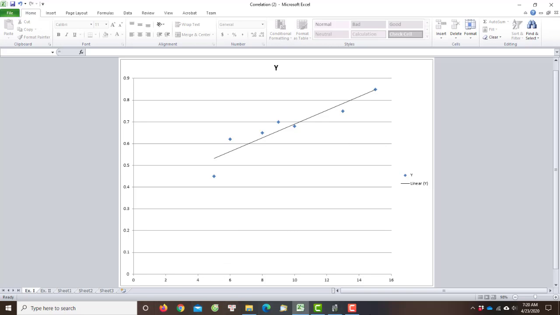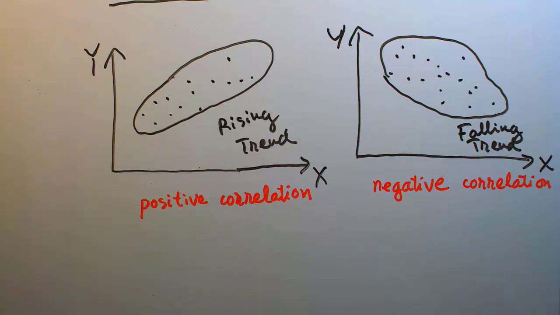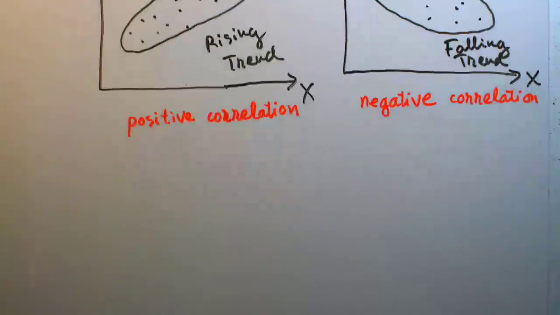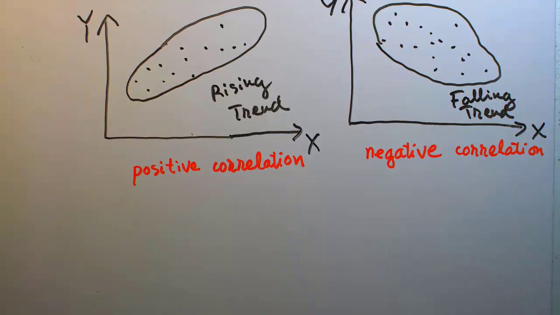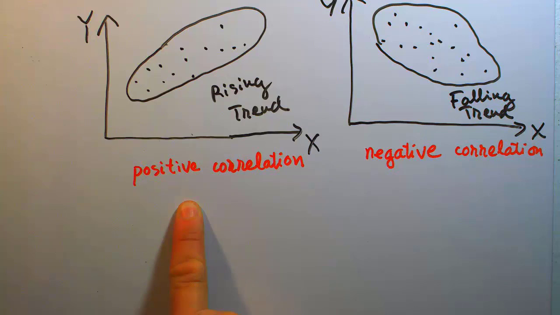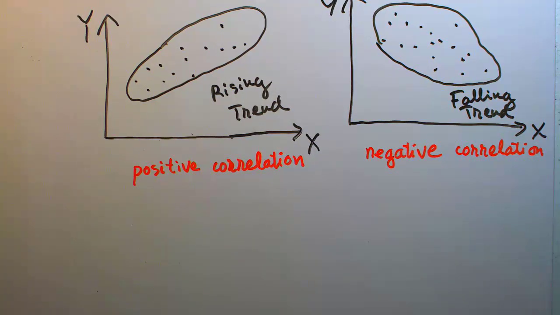And so, let me get back into my writing board here, and that actually describes the situation so far. We're still looking at a positive correlation, a rising trend. Even after I updated my data on the Microsoft Excel screen, the scatter plot was still a rising trend.